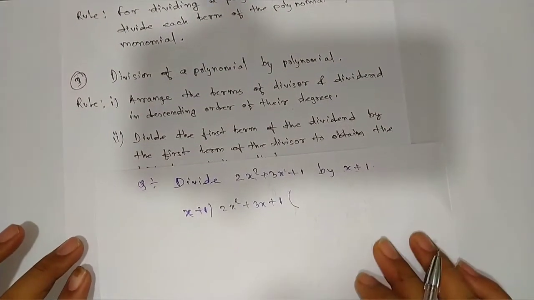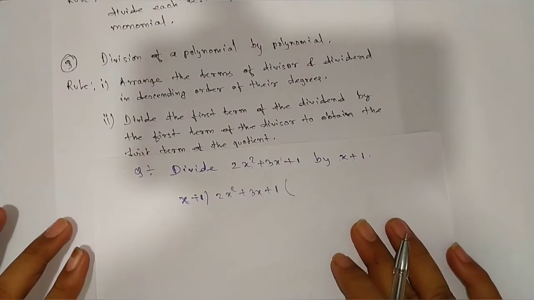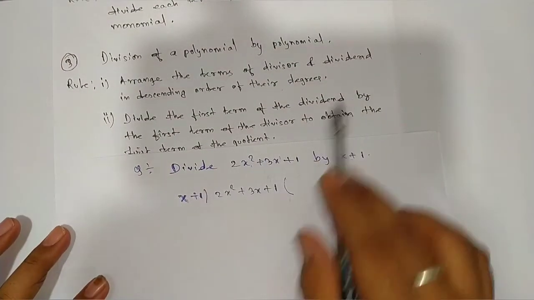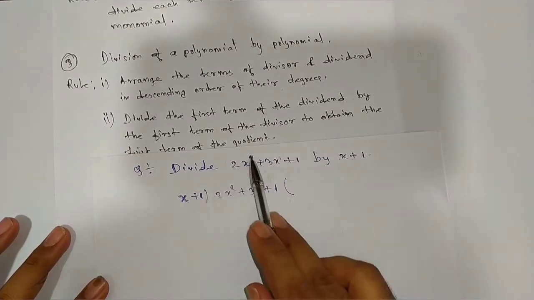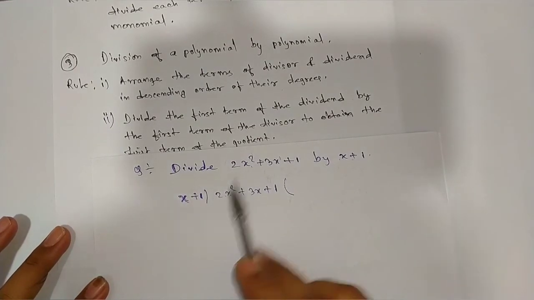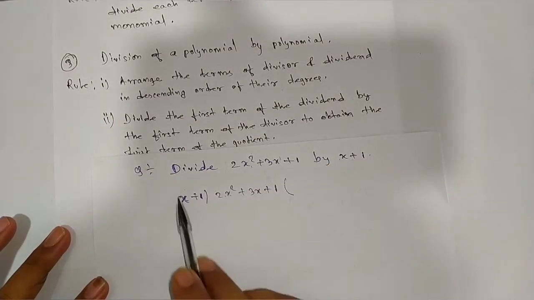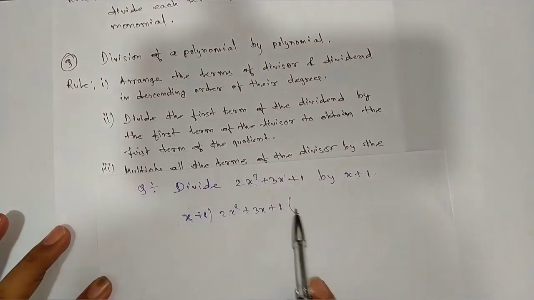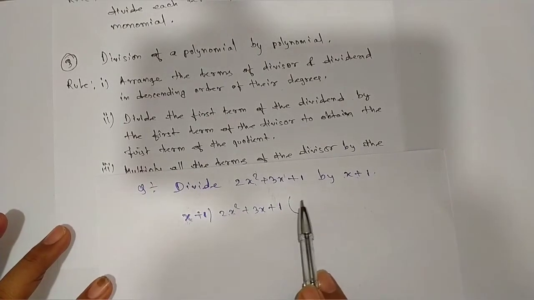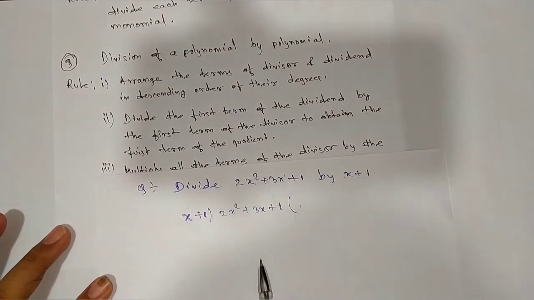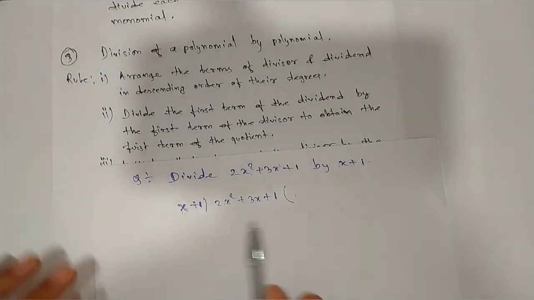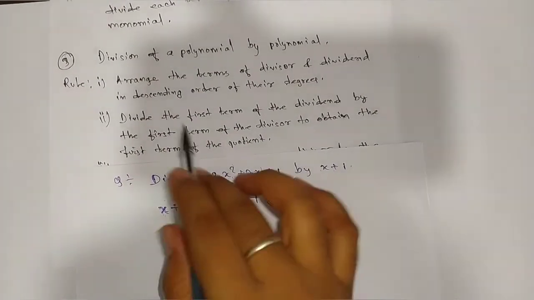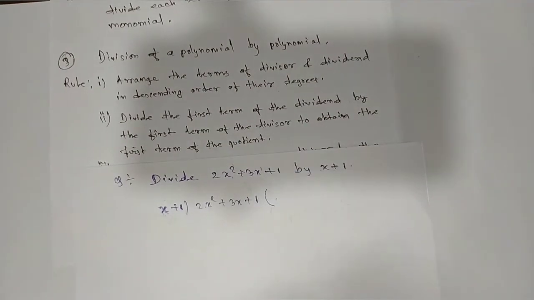After that, the second step: divide the first term of the dividend by the first term of the divisor. Our target would be the first term. Divide this by this first term to obtain the first term of the quotient. Here to get the quotient will be the divisor, and whatever remains, that is the remainder. So how are you going to do it? Forget about this statement, whatever is written.